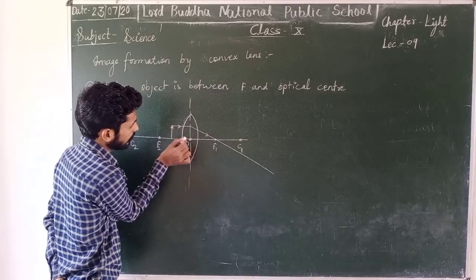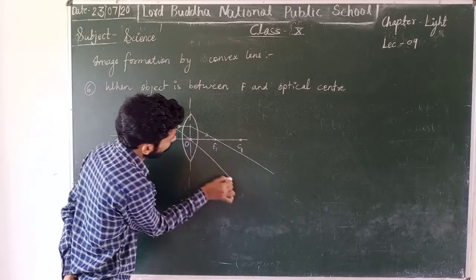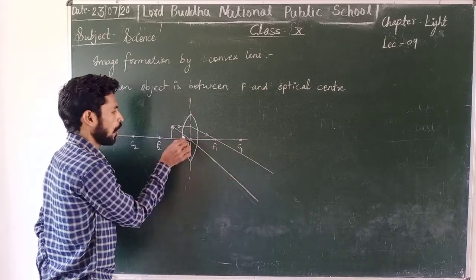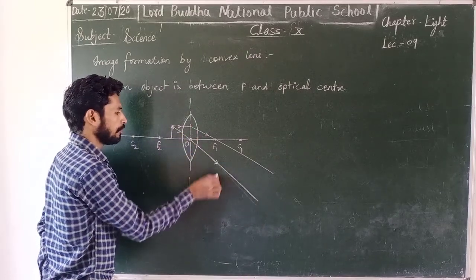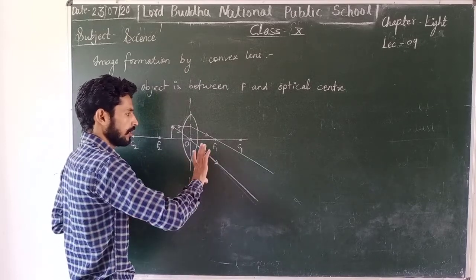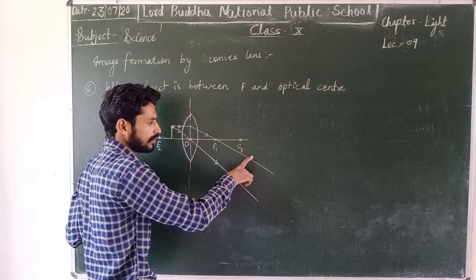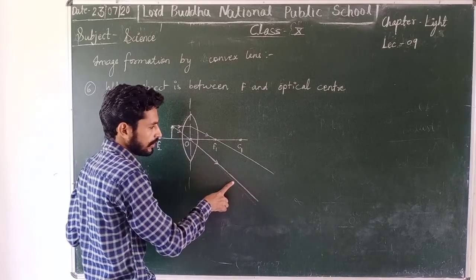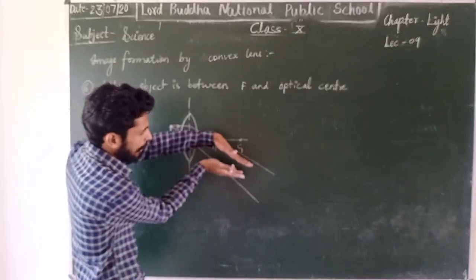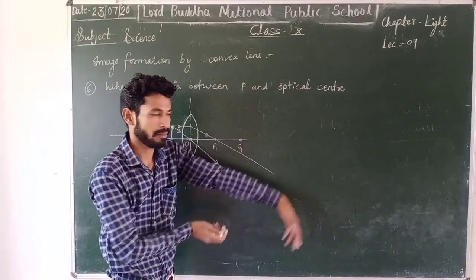But in the next case, if any ray of light is passing through the optical center, then without any refraction it will pass straight. But on the right side of the lens, these lines cannot intersect each other because the angle of elevation is increasing.